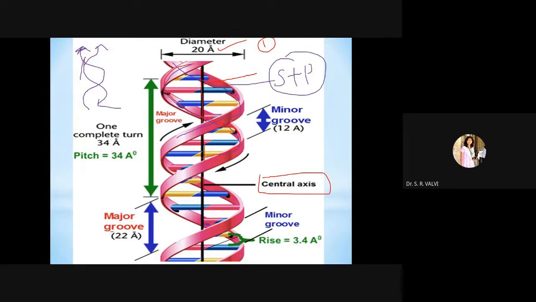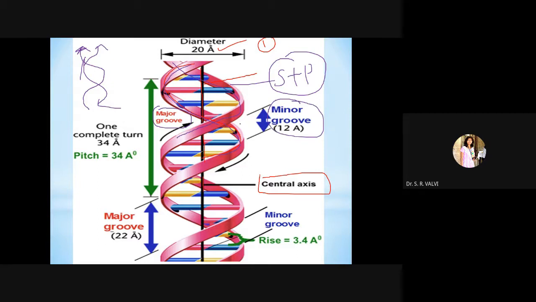So when these two turn further, during that turn they are going to form these grooves. Okay, they will form these grooves. One is the major groove. See, here is the name, major groove, and another one is minor groove, right?